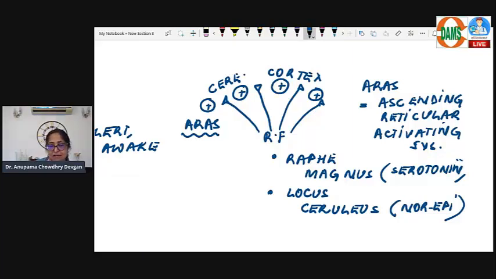So the pain fibers will stimulate the reticular formation. Which two areas of the reticular formation? Mainly raphe magnus nucleus and locus ceruleus. From here, you have neurons which project to the cortex and they keep you alert. They stimulate the cerebral cortex, generalized activation of the cerebral cortex, which keeps you alert and awake.